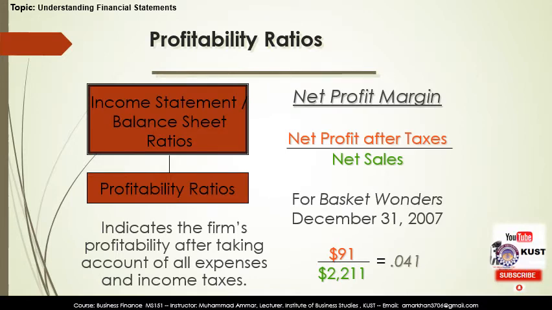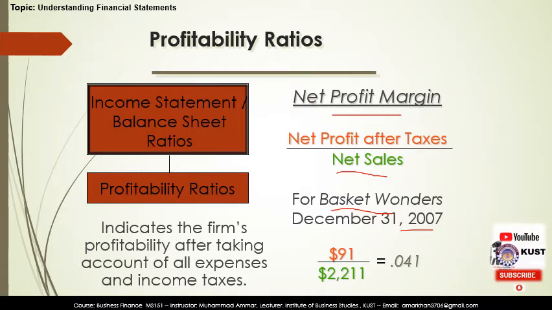The next profitability ratio is the net profit margin ratio. This ratio is also called an income statement and balance sheet ratio. It is the net profit after tax divided by net sales. Both figures are taken from Basket Vendor for the year 2007.